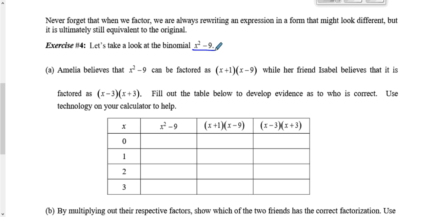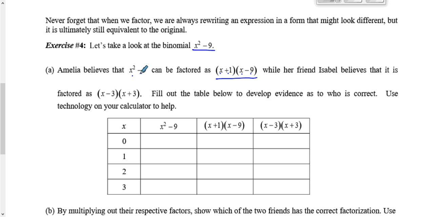So Amelia thinks that it's factored as x plus 1 times x minus 9, which kind of makes sense, right? Because x times x is x squared, negative 9. But she can't be right, can she? No, because it's squared.